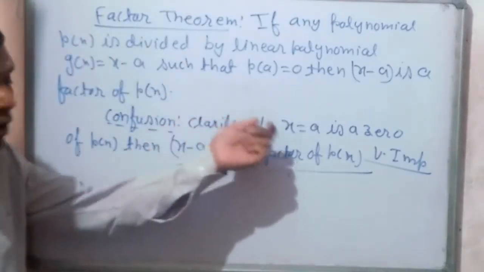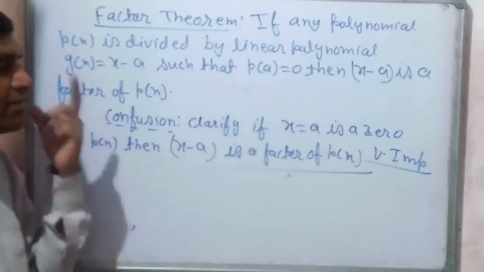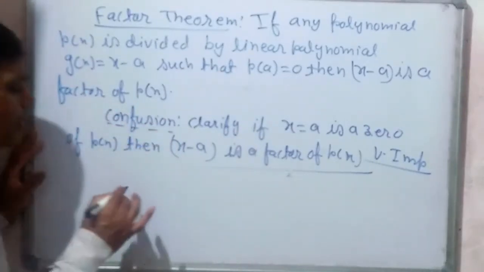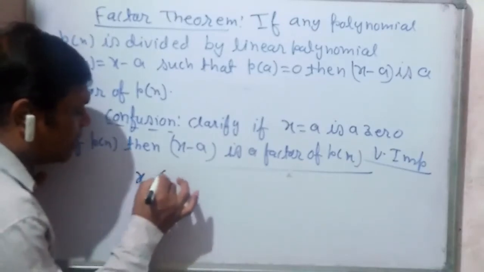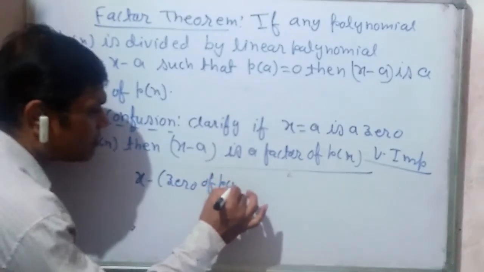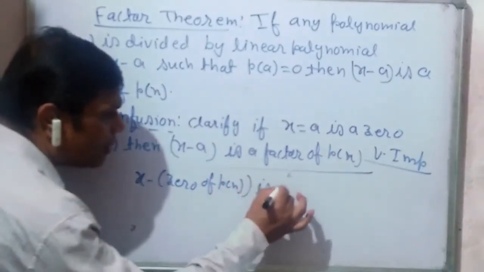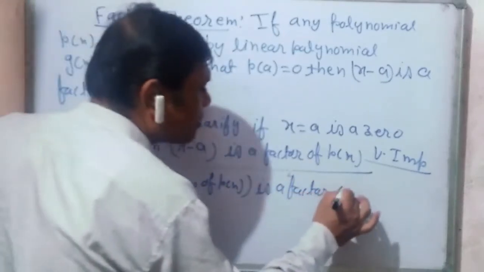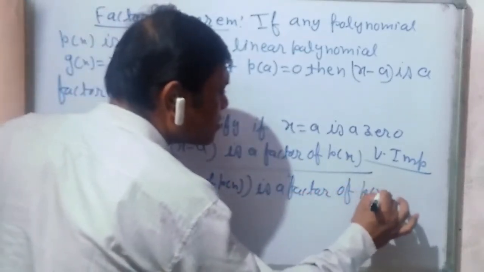The zero of a polynomial and its factors are related in this manner, right? I will put it in this way: x minus 0 of p(x) is a factor of p(x).